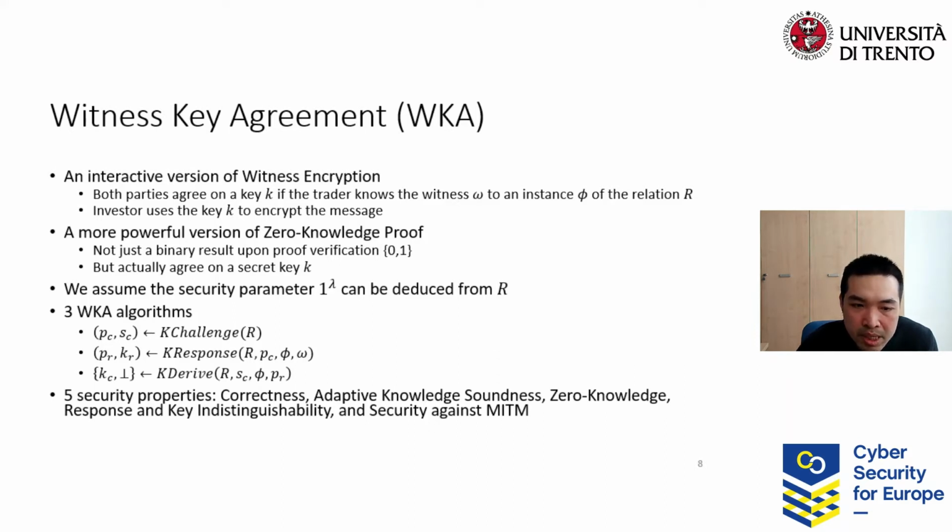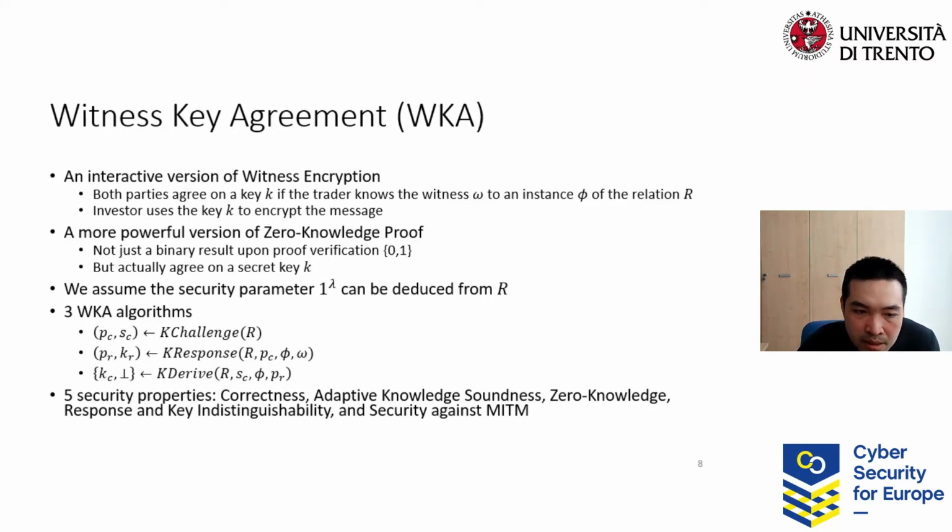It can also be seen as a more powerful version of zero-knowledge proof, where the outcome is not just a binary upon the successful verification, but actually they can agree on a secret key K. In Witness Key Agreement, we also define three algorithms: challenge, response, and derive for the investor and the traders to use in their dark pool operations.